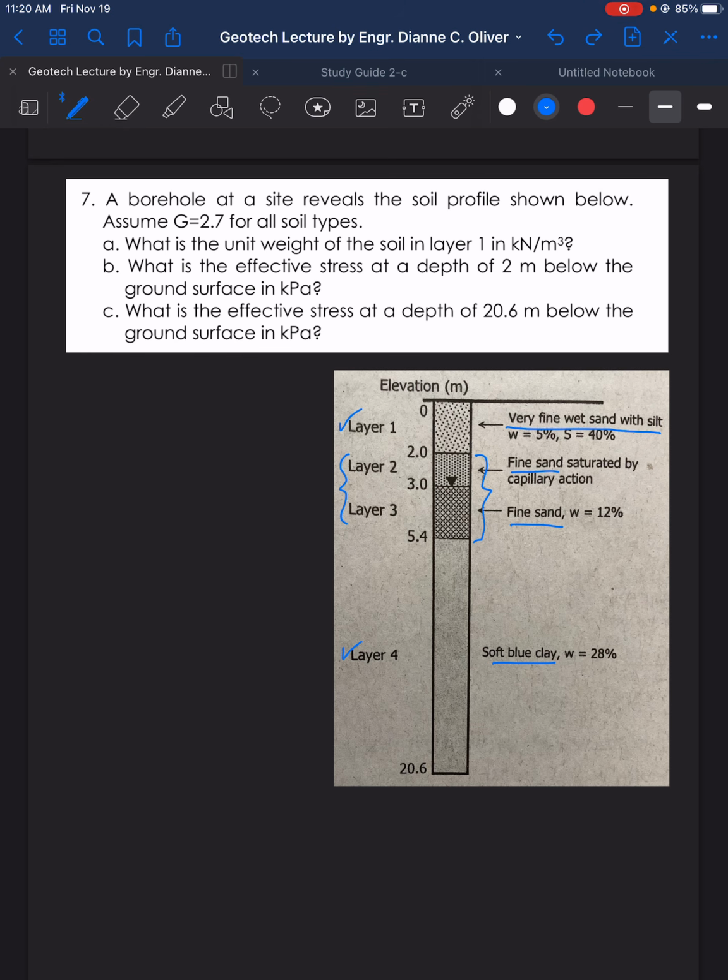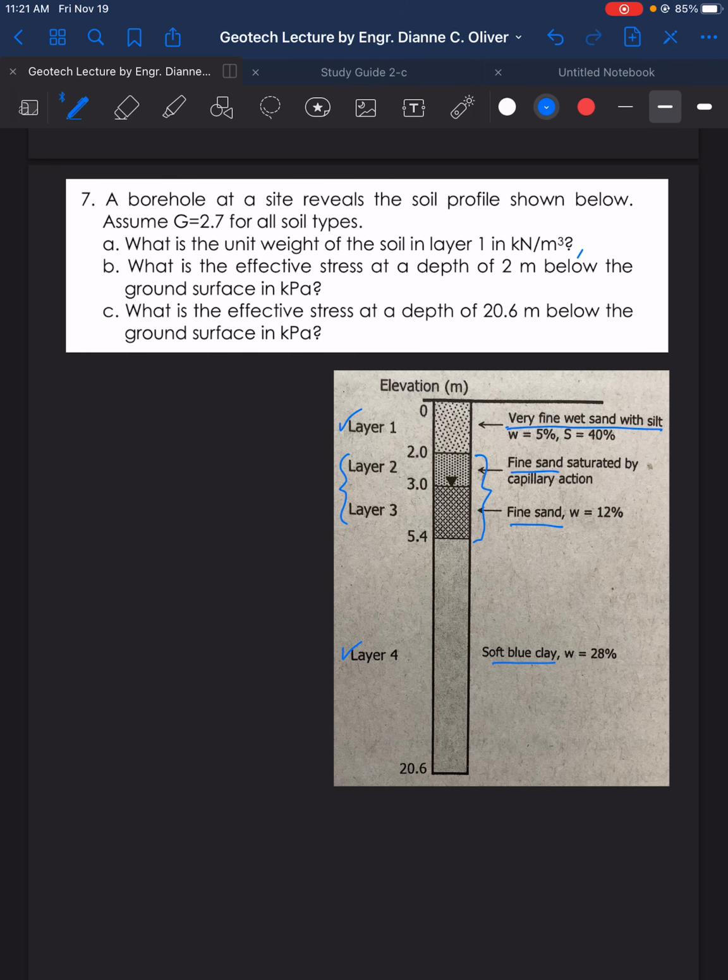Letter A, what is the unit weight of the soil in layer 1? So if we're talking about unit weight of the soil layer 1, this is a different type of soil with given moisture content of 5% and a degree of saturation of 40%. What can we conclude for the unit weight of layer 1?